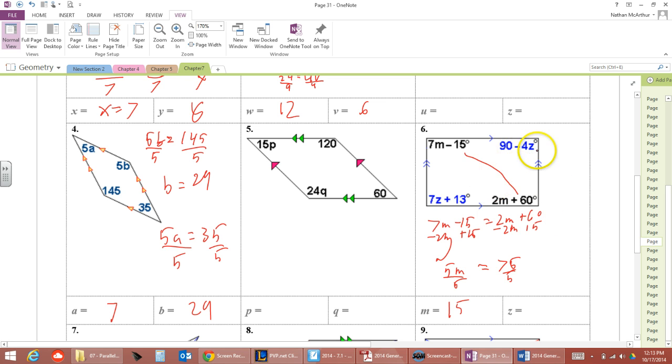Here I've got z's going on for these opposite angles, so I say 7z plus 13 is equal to 90 minus 4z. Add 4z over, gets me 11z.